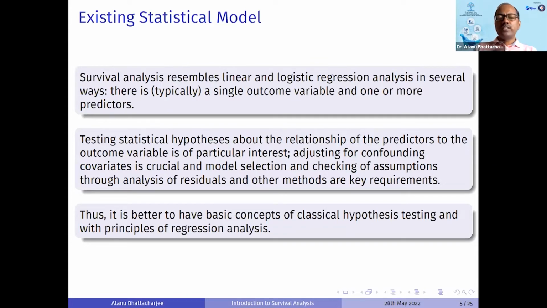Thus it is better to have the basic concept of classical hypothesis testing and the principles of regression analysis. I hope that once you attended the earlier presentation, some basic principles of hypothesis testing and regression are already covered. So those are the steps we are going to follow here.